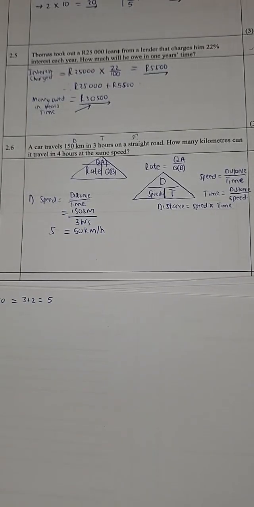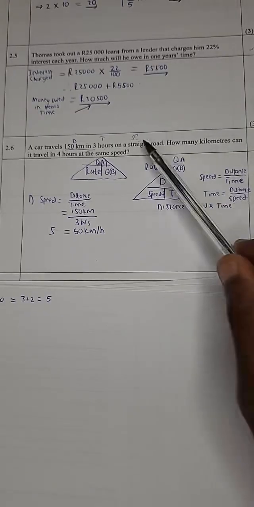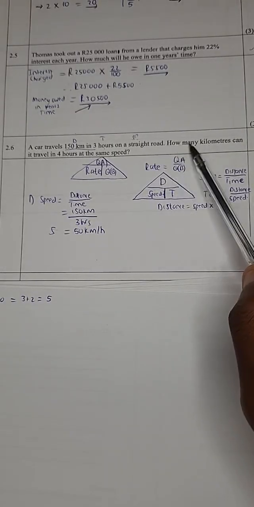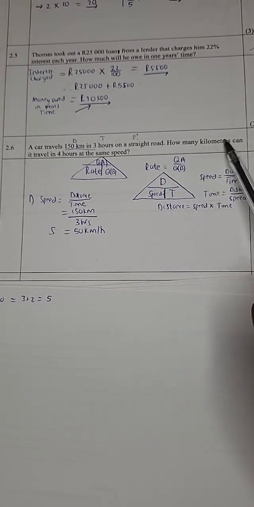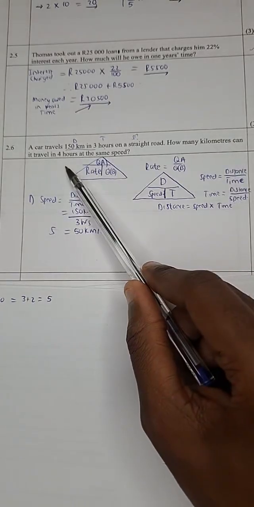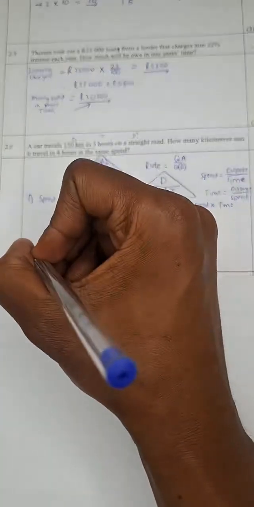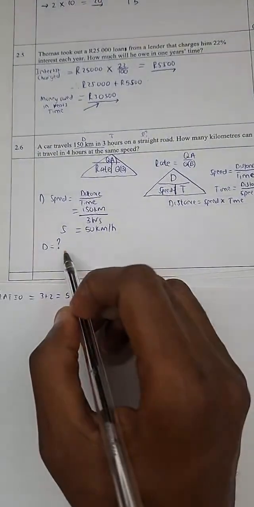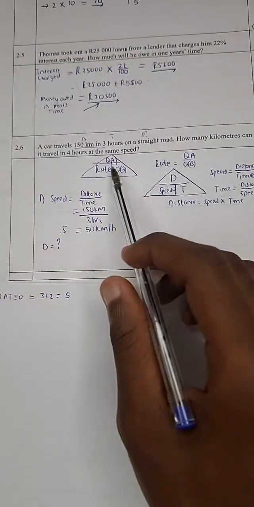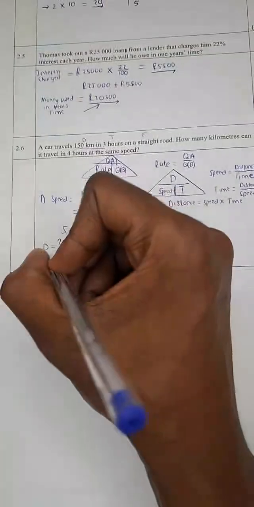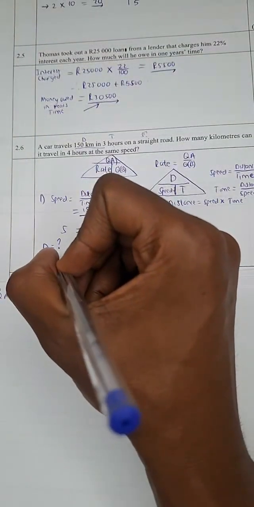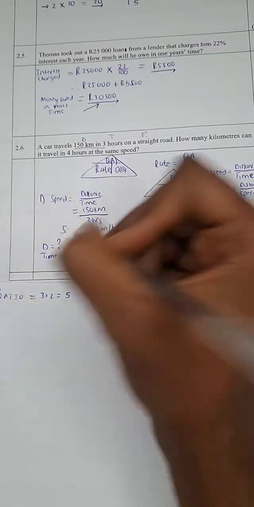Then the second part says how many kilometers can it travel. So now we are being asked how many kilometers. Distance is what we want. Can it travel in 4 hours? Time is given to us: 4 hours.